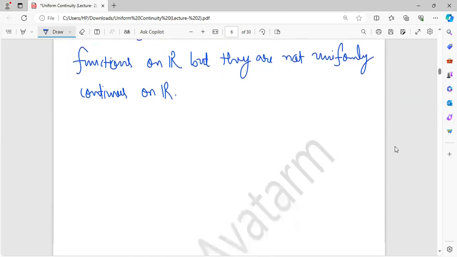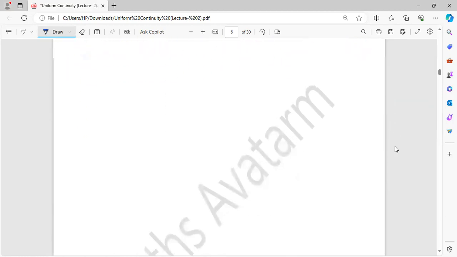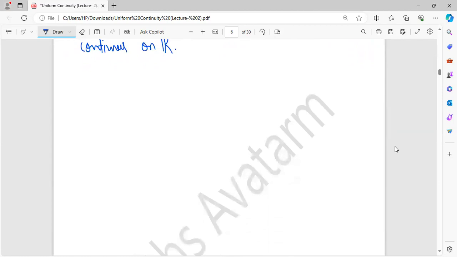Now, in the last class of the same topic, uniform continuity lecture 1, I have seen that f(x) equal to x is uniformly continuous. Okay.